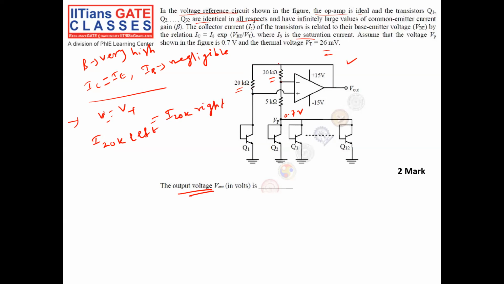So the current in this branch is equal to the current in this branch, right? This branch current I can say is I1. This branch current I can say is I2.